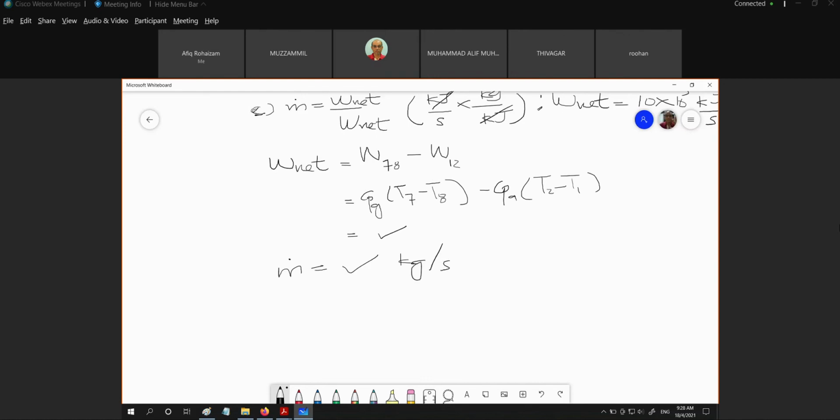And then part D is to determine the work ratio of the plant. What is the work ratio? The work ratio is equal to the work net divided by the work gross.